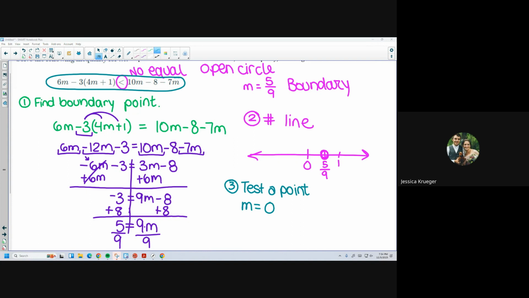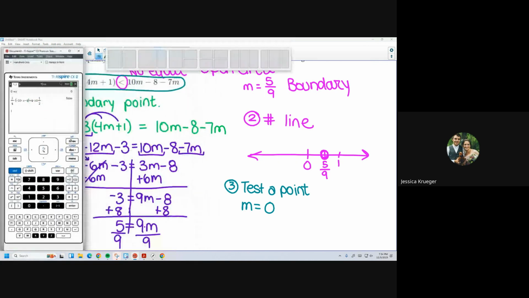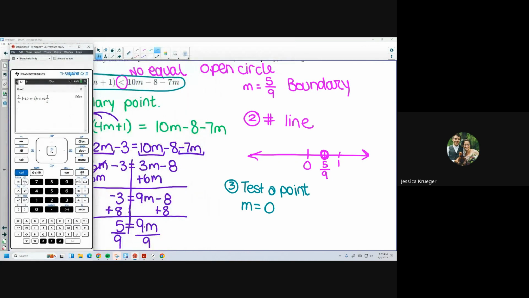There's a really nice way that we can use our calculator to figure out if 0 is part of the solution. If you hit your home screen, you can press 1 to open a new document. Don't save anything. And we're going to add a calculator page.